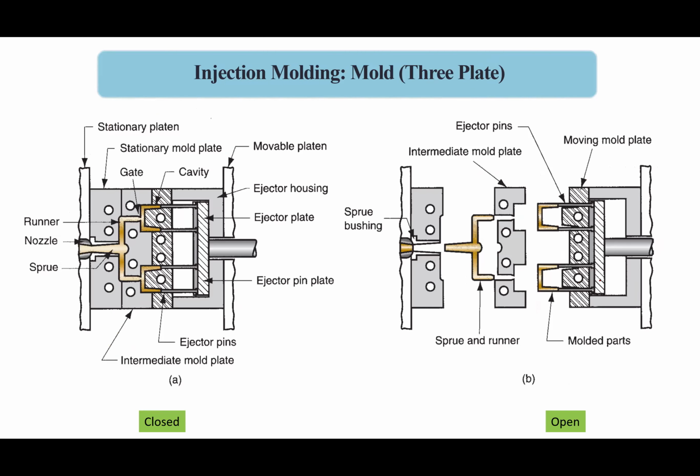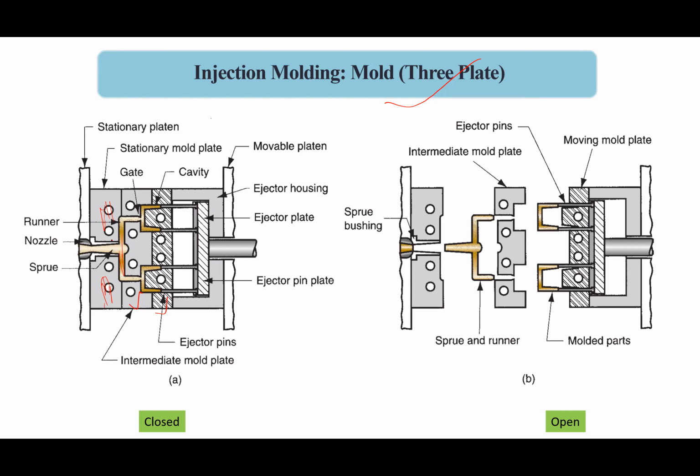The next one is the three-plate mold. A three-plate mold consists of three plates. The two plates are the same as the two-plate mold, and the other plate is the fixed plate here. The fixed plate is fixed, and it works only to hold the sprue line or the runner.